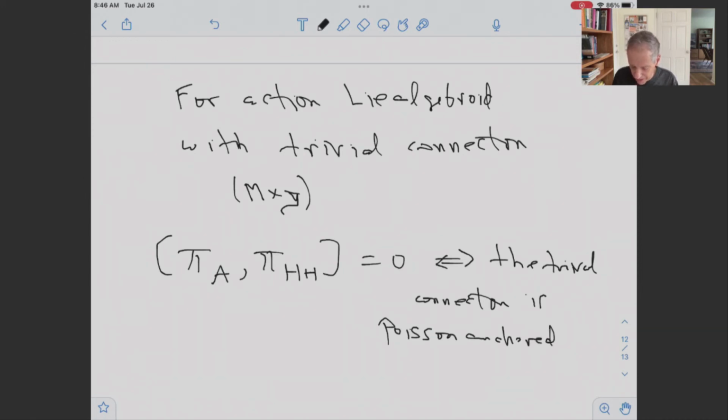In other words, if the action is Hamiltonian, or the action is Poisson, the action preserves pi.